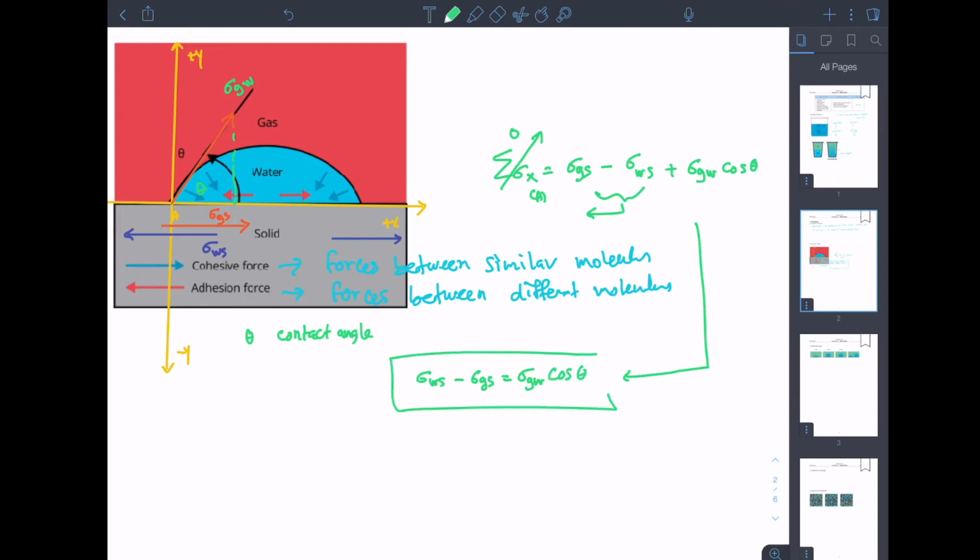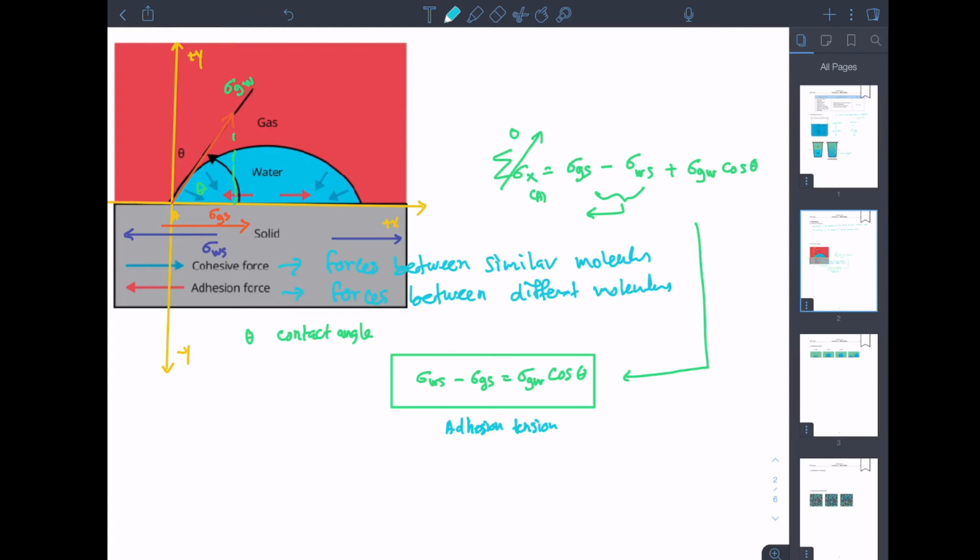And before we proceed, this term over here, we refer to as adhesion tension.